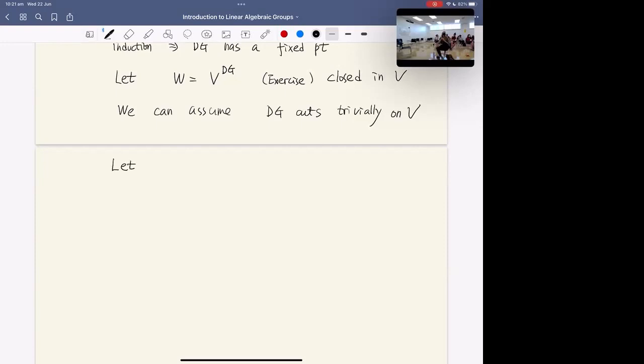So now we use what we discussed on the first day. The action of G on this projective variety has a closed orbit.